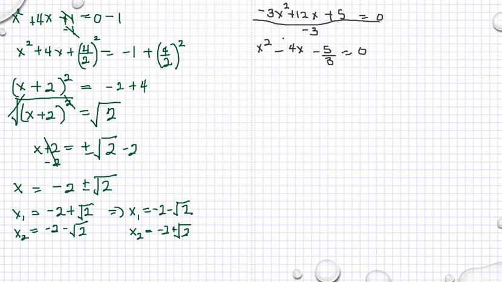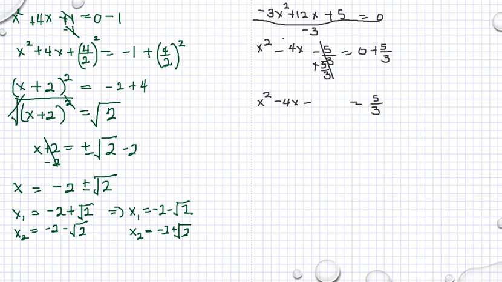And if we add 5/3 to both sides of the equation, that's the second part of the process. Then this is 0. Then we have x squared minus 4x is equal to 5/3.